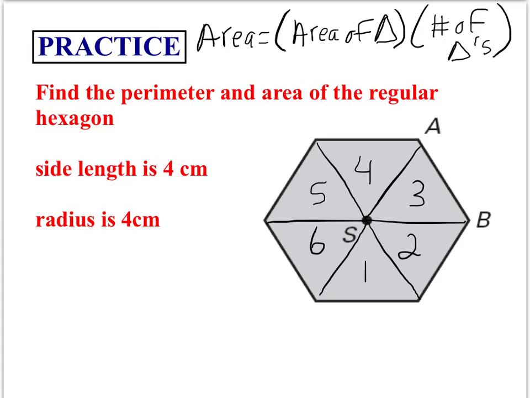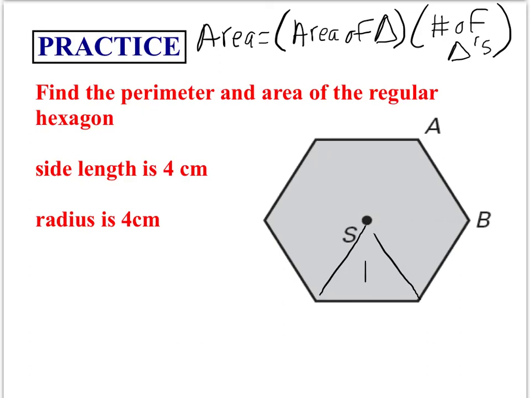So let's find the area of one of these triangles to help us find the area of the regular polygon. So let's work with this triangle here at the bottom. So we know the radius is 4 centimeters. So this length is 4 and this length is 4. At this point, we have an equilateral triangle.